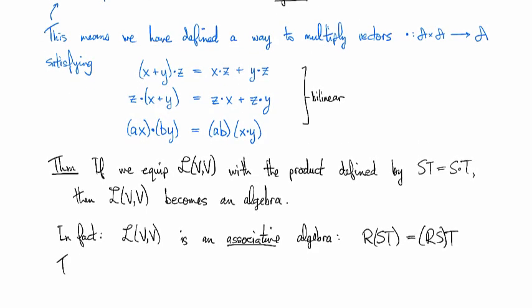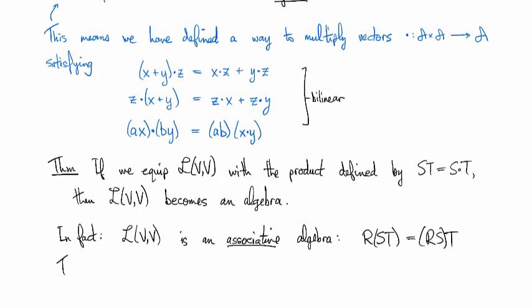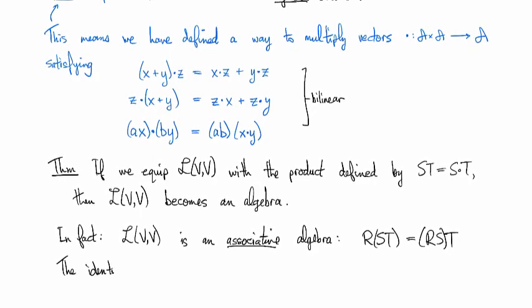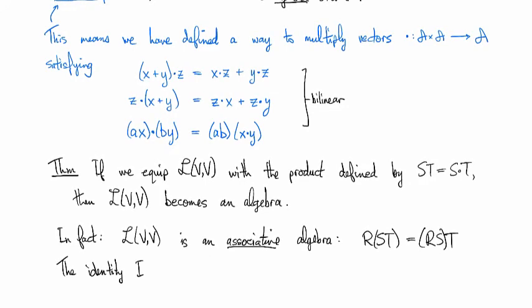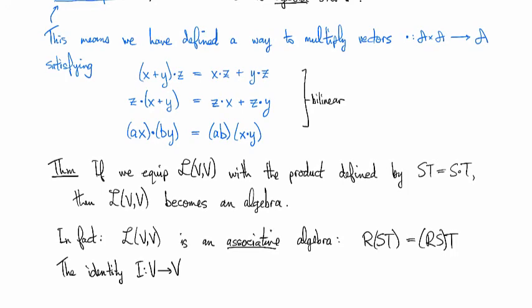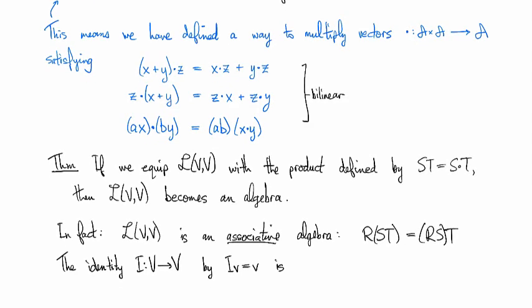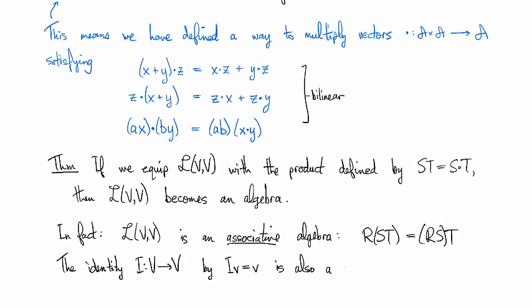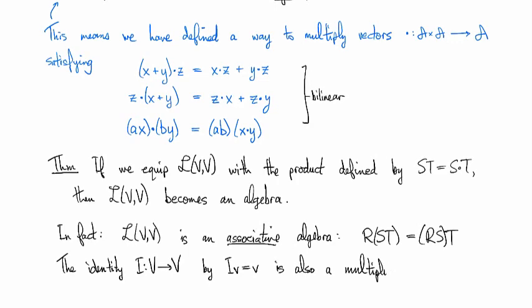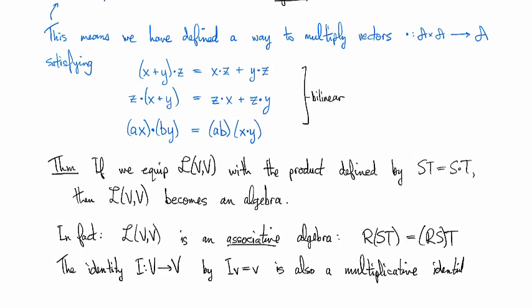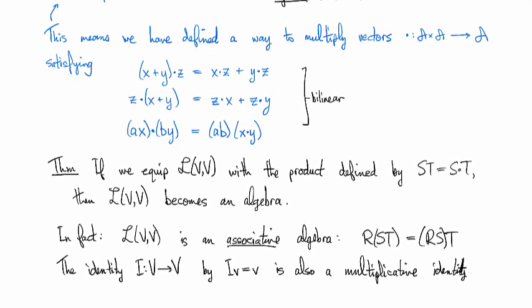And it's also an algebra with identity, because the identity map, so the linear map that sends V to V by keeping everything exactly where it is, is also an identity in another sense, namely it's the multiplicative identity of this algebra.